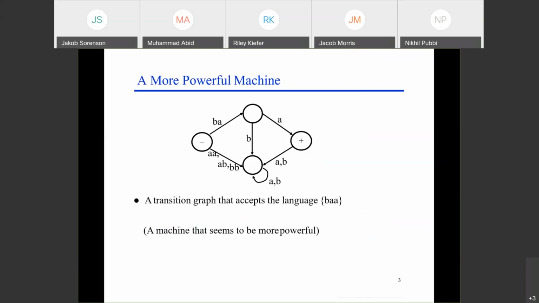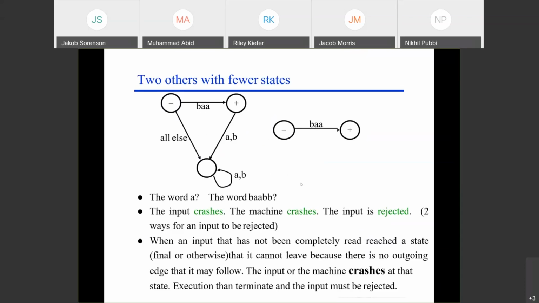First, we defined regular languages by regular expressions, then by FA, and today we will see that regular languages can also be defined and represented by transition graphs, TG.